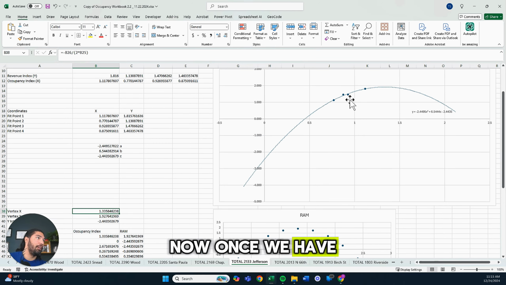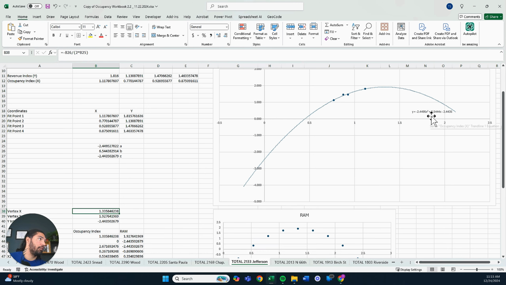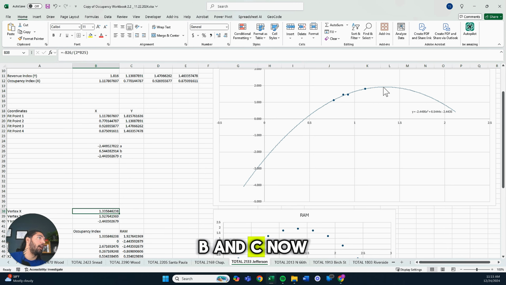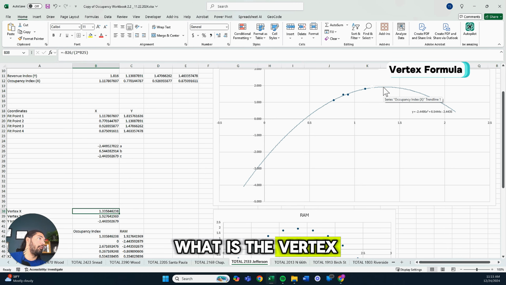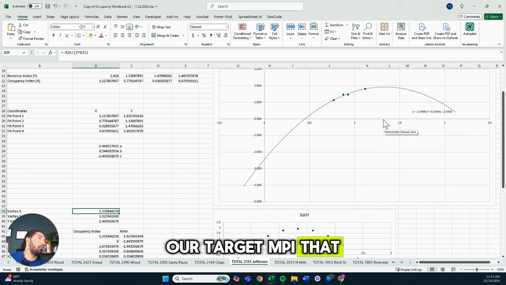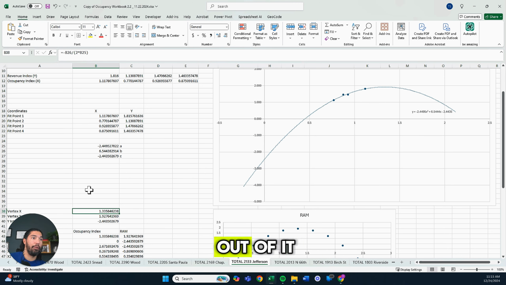Now, once we have these 4 points and we have the associated standard formula, and we've figured out a, b, and c, now we can figure out what is the vertex of this parabola, right? So what is the x and y coordinate of the highest point on here? And that will tell us our target MPI that we want to shoot for, and the corresponding RAM that we should get out of it, all right?